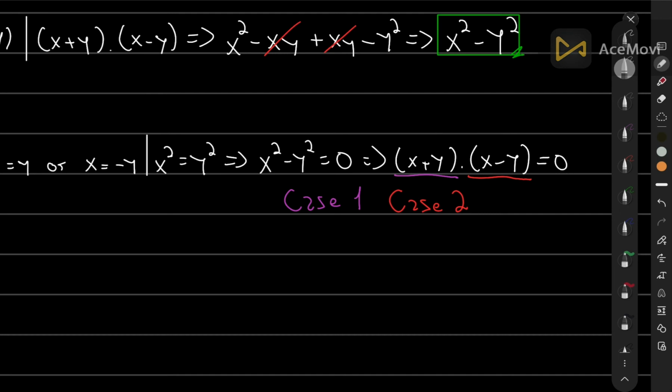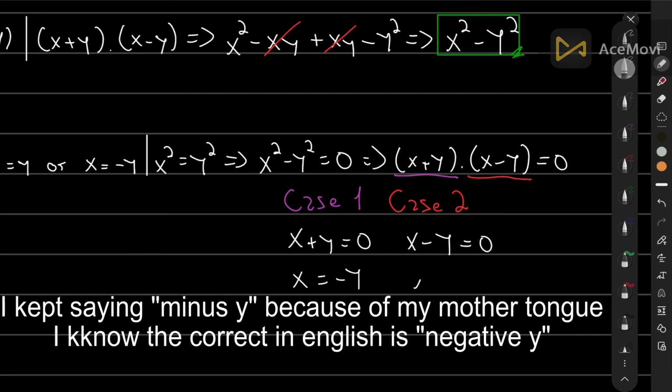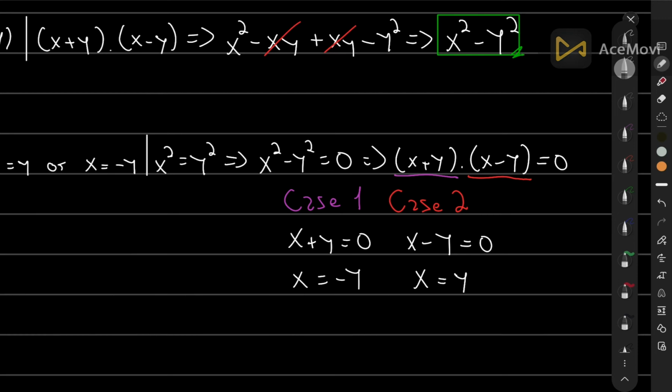So in this first case, x plus y is equal to 0, or in the second case, x minus y is equal to 0. Here, x equals minus y, and here x is equal to y. So that's our answer.